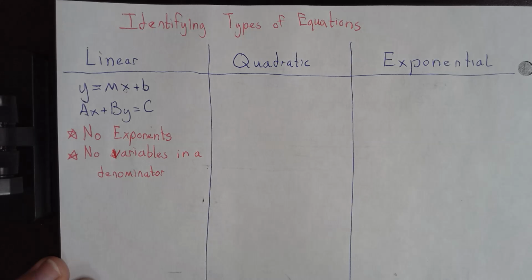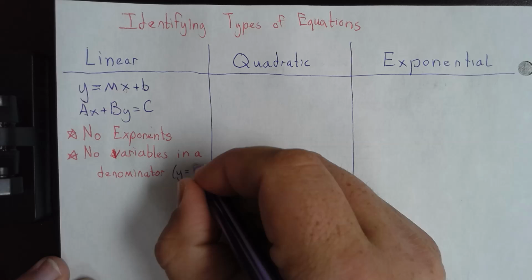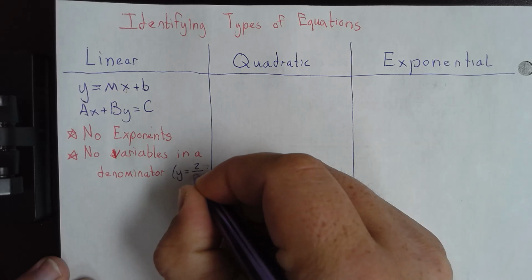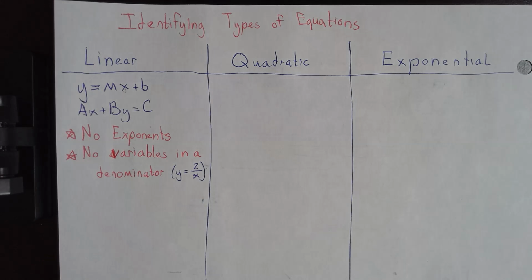So there will be equations sometimes where you'll see something like y equals 2 over x. That is what's referred to as a rational equation. That is not linear, even though there's no exponent there. It's got that x in the denominator. So those are the 2 things that you want to identify on whether it's linear or not, if we have it in just the equation form.